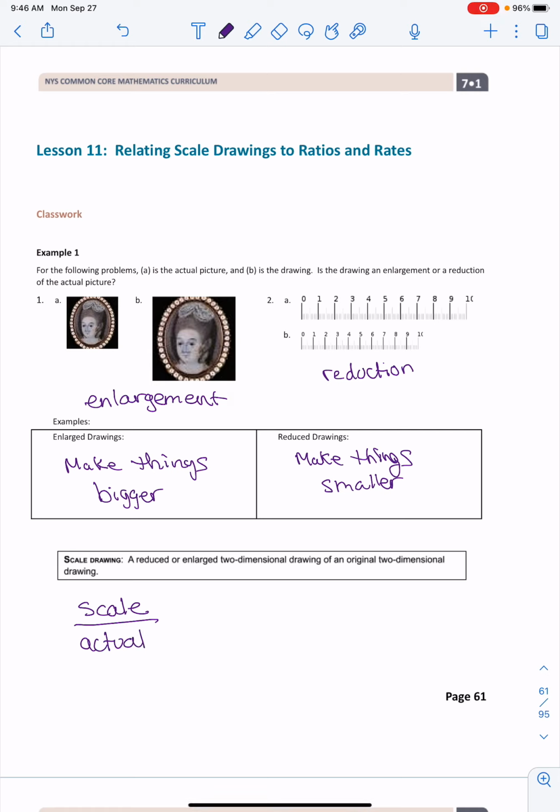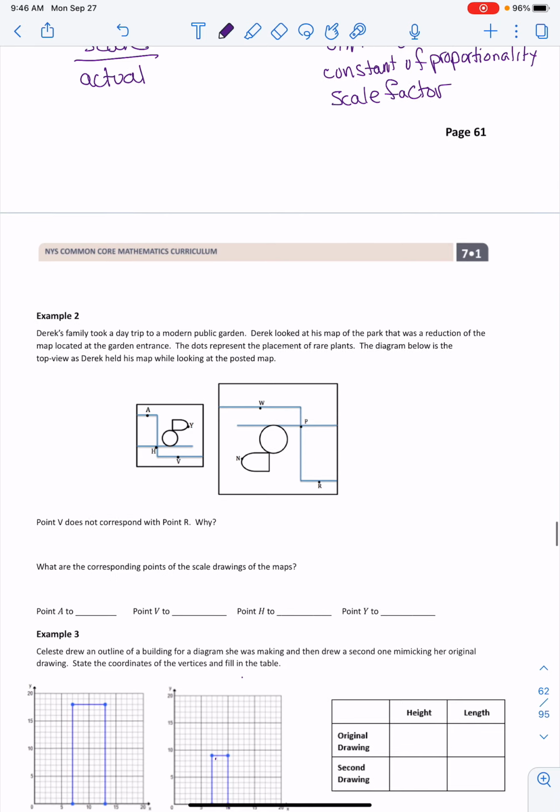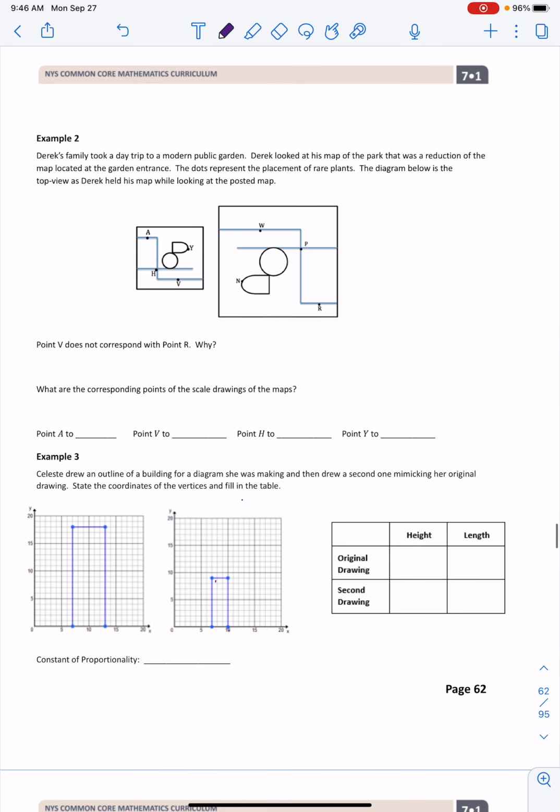And what we're going to be doing today is we are going to find that our unit rate, our constant of proportionality, is also now our scale factor, or our scale.